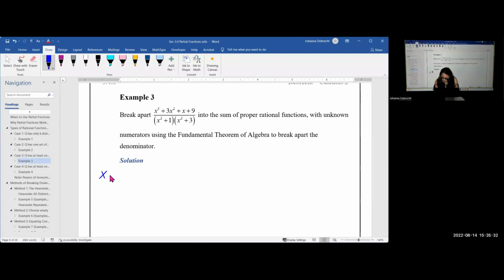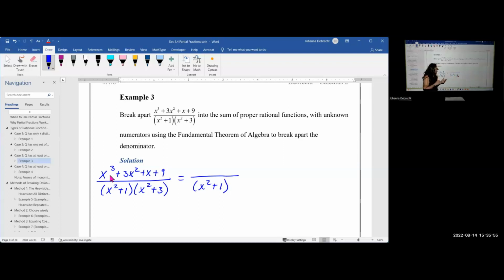On example 3, we have x cubed plus 3x squared plus x plus 9 divided by the irreducible quadratic x squared plus 1 and the irreducible quadratic x squared plus 3. We have x squared plus 1 showing up one time in the original denominator, so it needs to be there one time.